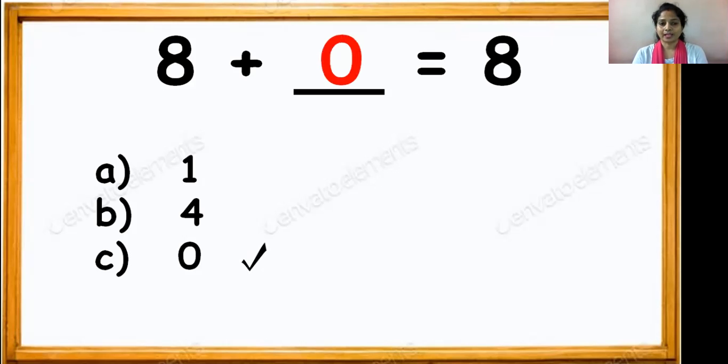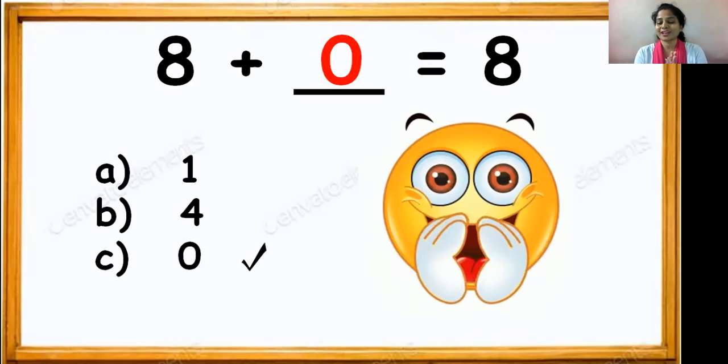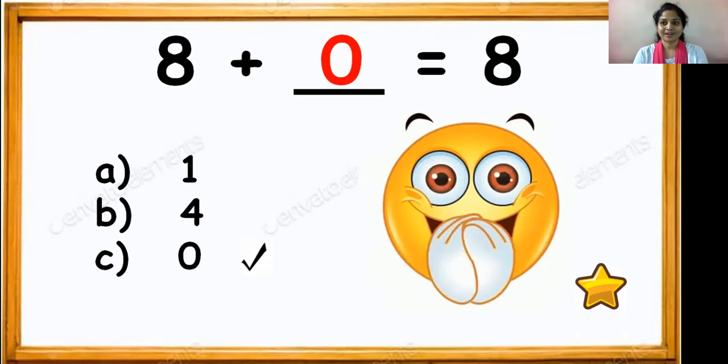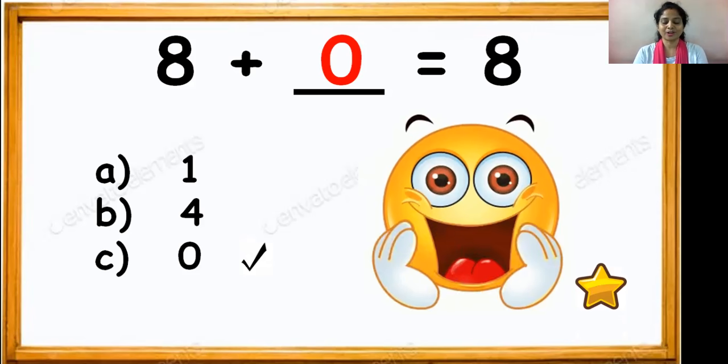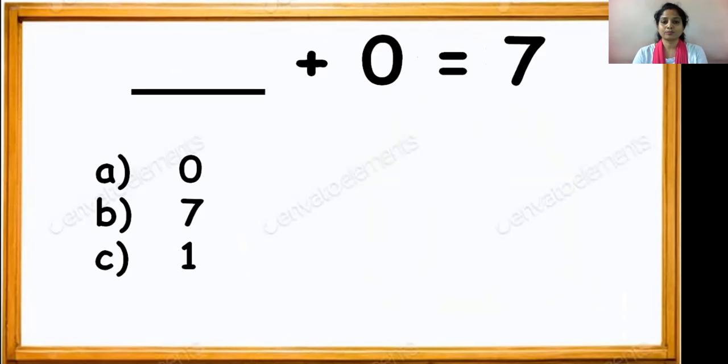So 8 plus 0 equals 8. Yippee! You got one more clap for this answer, and one star also. Now all of us have 2 stars with us. Then let's move to the next question.